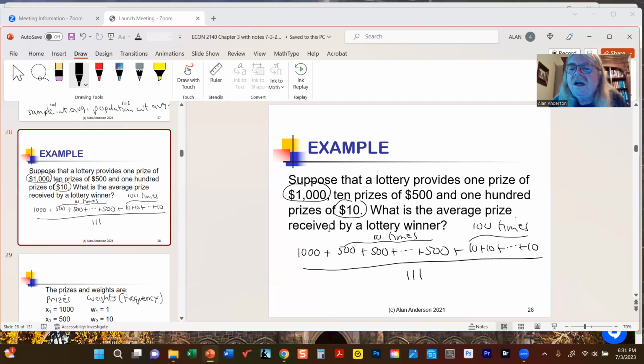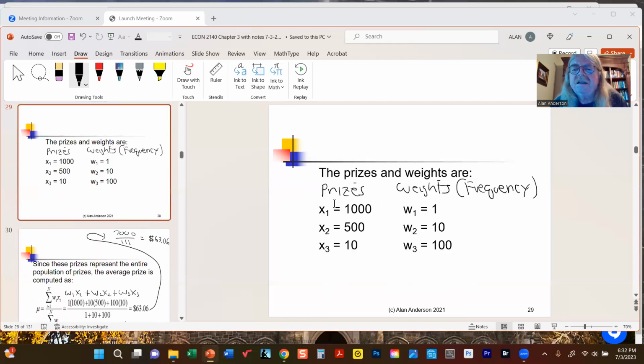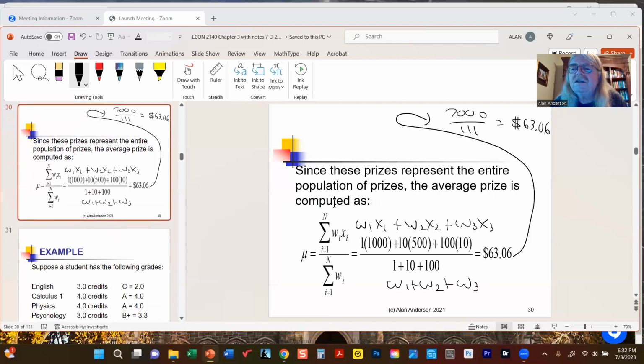Why would it be so high? Because you're weighting each of the 3 prizes equally, which we know is not the case. There's a lot more $10 prizes than $1,000 prizes. So it stands to reason that the average will be much closer to 10 than 1,000. And that's exactly what we see here. 63.06, much closer to 10 than 1,000 because of the weights.